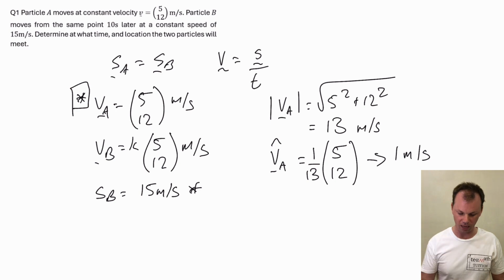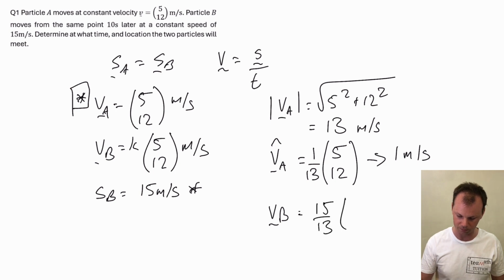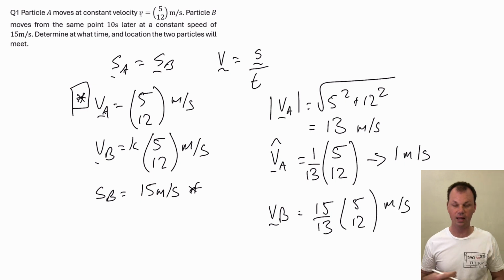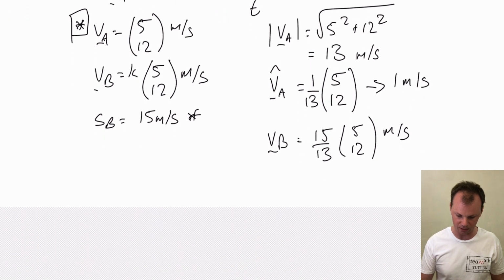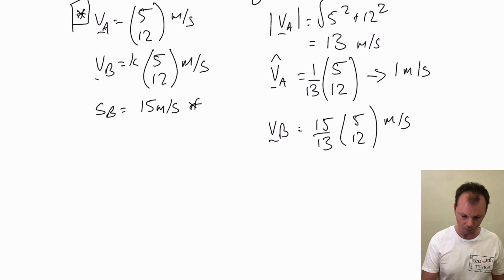Now, if I want to find velocity of B, I know it's going 15 meters per second, so I can just say it's 15 on 13 times (5i + 12j) meters per second. And that's how I can find the velocity of B. Another way I could do it is I could say that the speed of B is the same as the magnitude of the velocity.